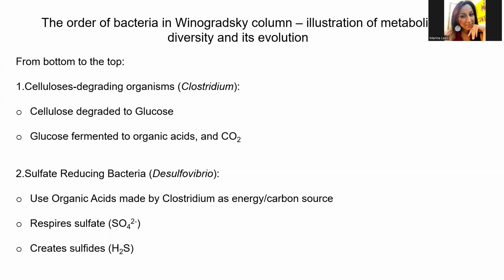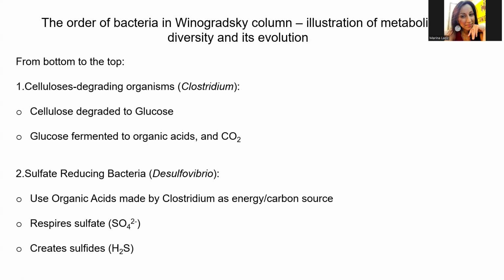Next are sulfate-reducing bacteria, like Desulfovibrio, because it requires sulfate. Why is that one just above Clostridium? Because it will use the organic carbon sources made by glucose fermentation that was done by Clostridium. So Desulfovibrio will use those organic sources and respire sulfate, which means it will create sulfide.